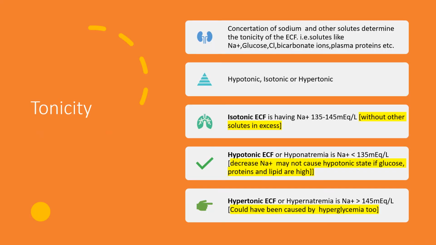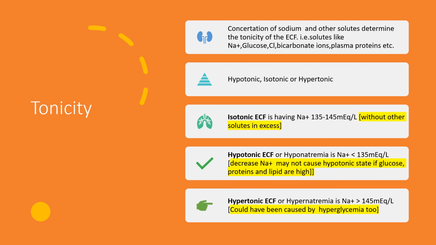Okay, still more on tonicity, the concentration of sodium and other solutes would determine the tonicity of the extracellular fluid, which means solutes like sodium, glucose, chloride ions, bicarbonate ions, plasma proteins, and so on will play a part here. And we are going to be dealing with one of the 3 possible tonicity conditions.